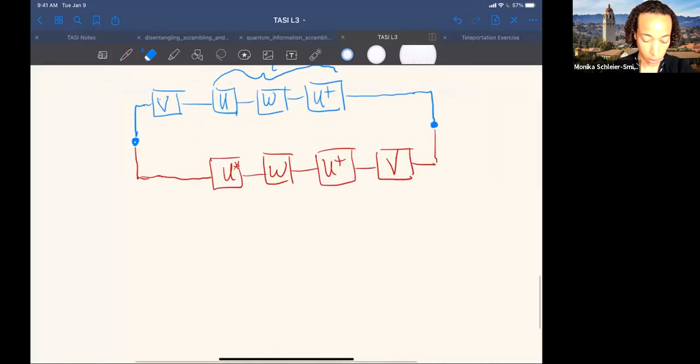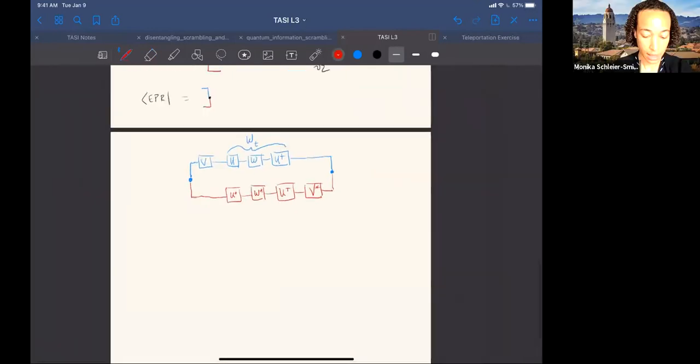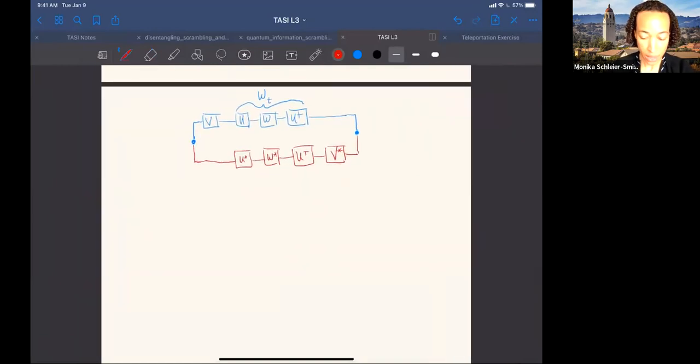So let's slightly modify this. Star, and I'm going to try to convince you that this does the same thing. Transpose. Can you write this out in terms of bras and kets? Yes, I'm about to do that. Thank you. Good.